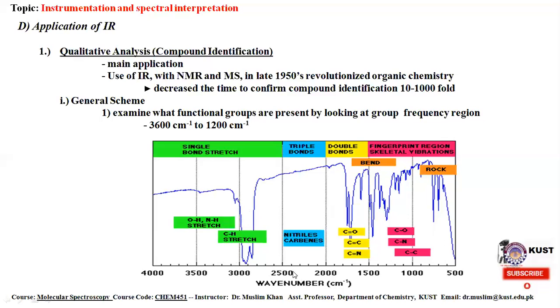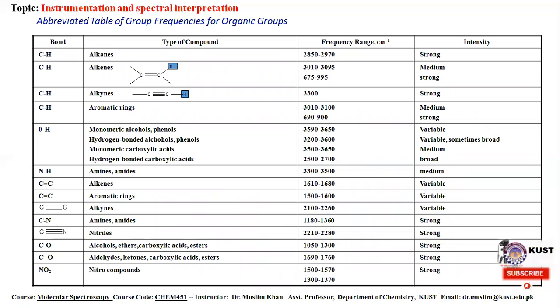The wave number usually goes from 1200 to 3700, and as I told you, from 500 till 1200 or 1500 is the fingerprint region, the skeletal vibrations. So in this spectrum, different functional groups show absorption, or transmission, in different regions. Some are around 3000 wave number, some 2000, some 3500, which is typical for any specific group of compounds. Here is the list of all those compounds.